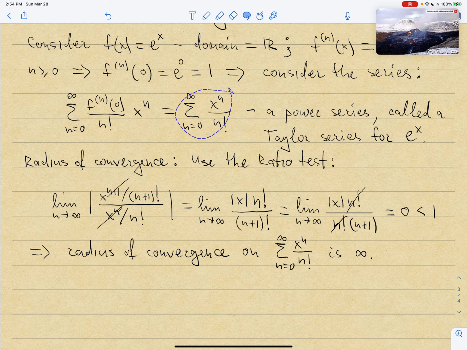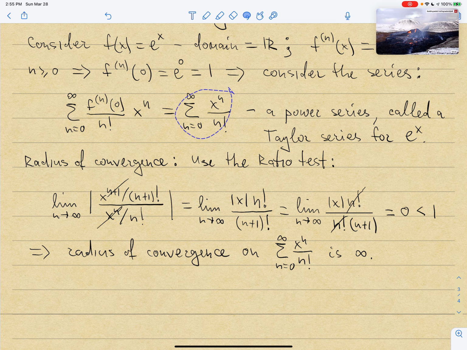So that Taylor series apparently also has an interval of convergence which is the entire real line, because the radius of convergence is infinity. But what does f of x, or what does e to the x, have to do with the power series that I circled? Again, by default, nothing, because I just wrote some series.